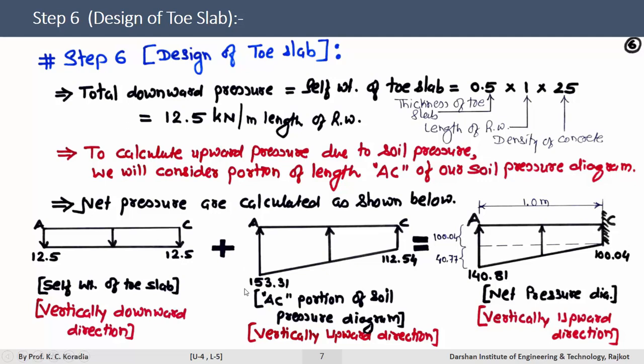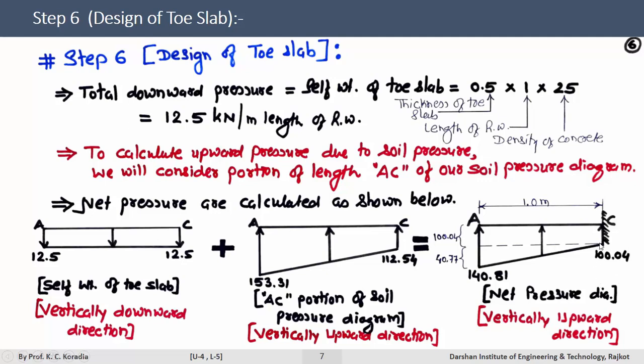Here at point A, we are having a vertically upward pressure intensity of 153.31 kN per meter square, and at point C, we are having an upward pressure intensity of 112.54 kN per meter square. Adding these two diagrams, we will get a net pressure diagram in which our pressure intensity at point A will be equal to 140.81 kN per meter square, and pressure intensity at point C will be 100.04 kN per meter square.